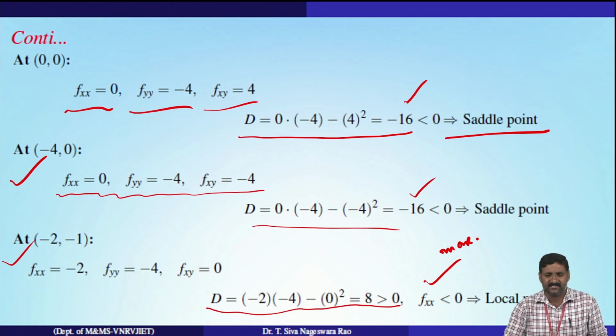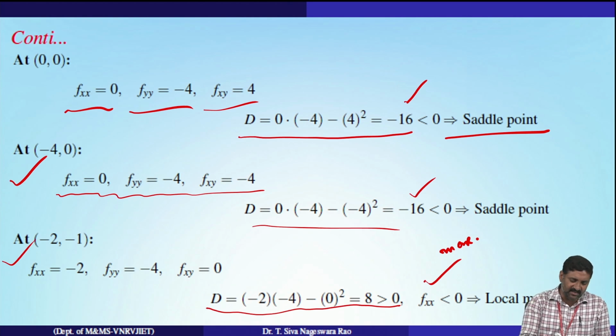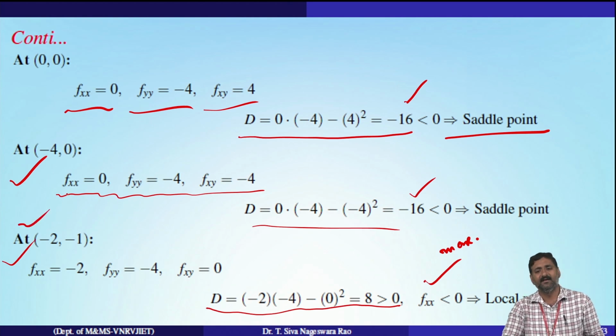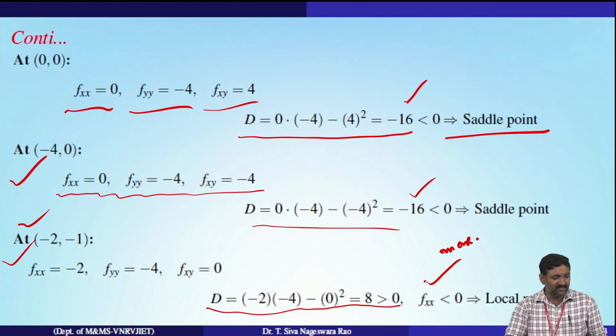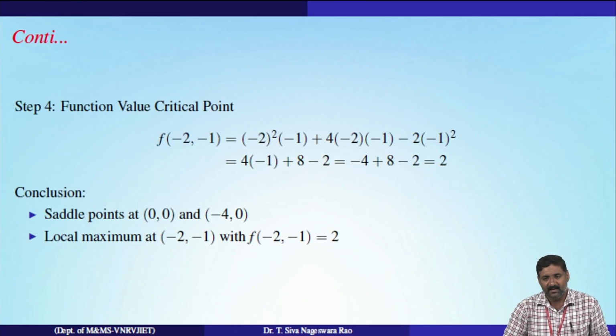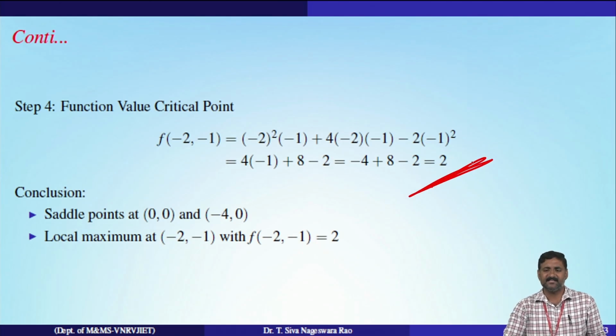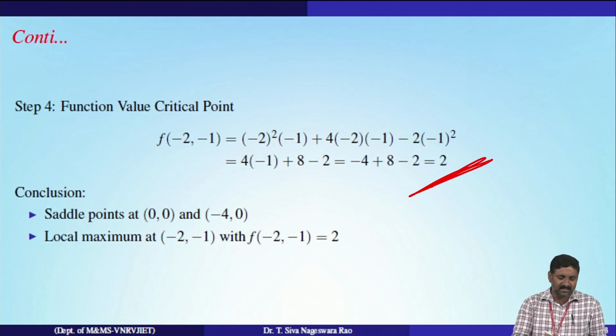If you want to find the maximum value, just substitute the point, x with minus 2 and y with minus 1, into the given function. After substituting this point, you will get the maximum value as 2. So this is how we can identify whether the function will have a maximum value, a minimum value, or neither maxima nor minima. So what is the conclusion?